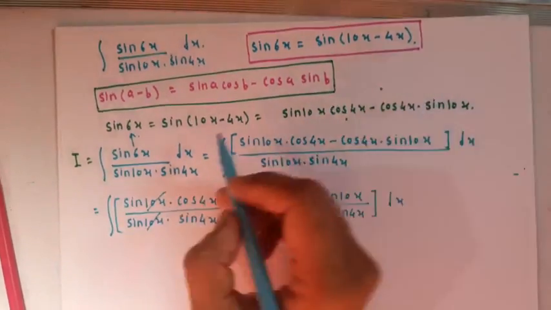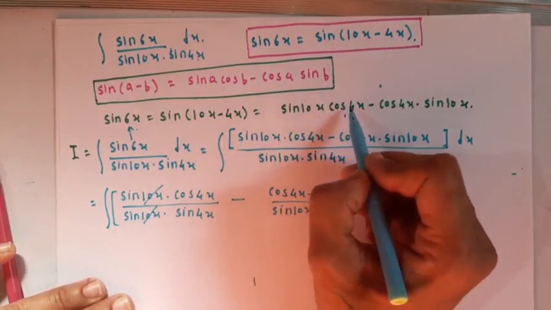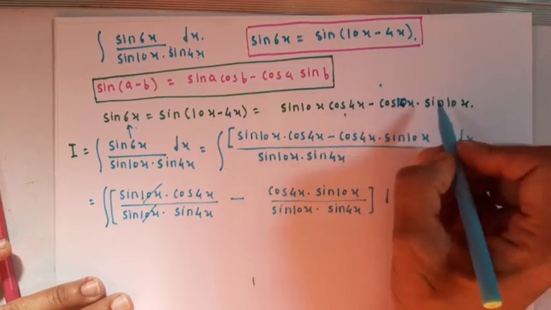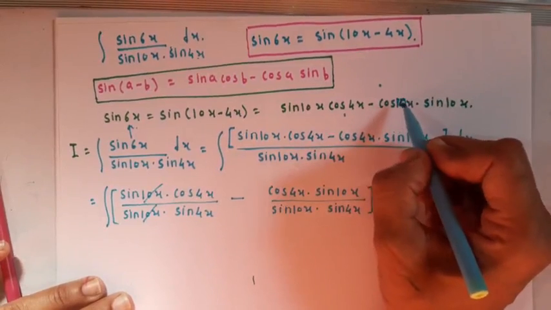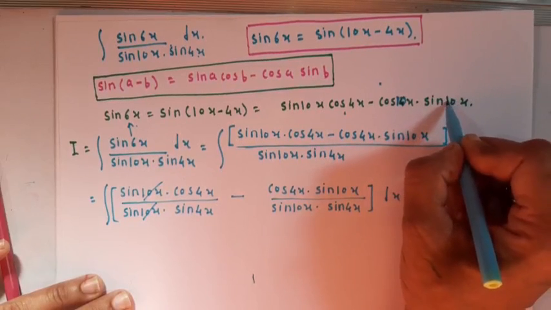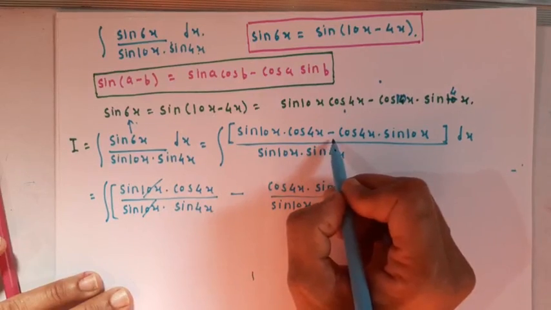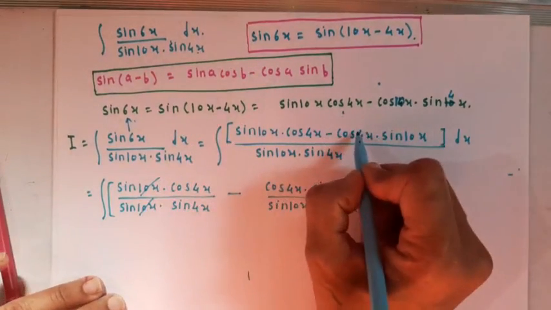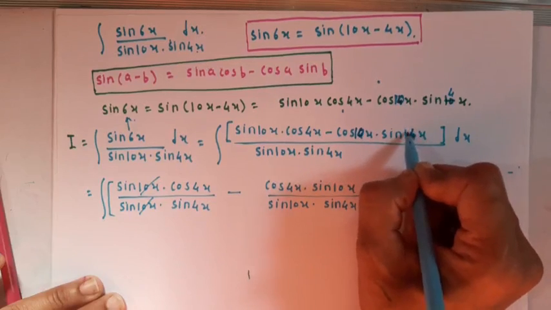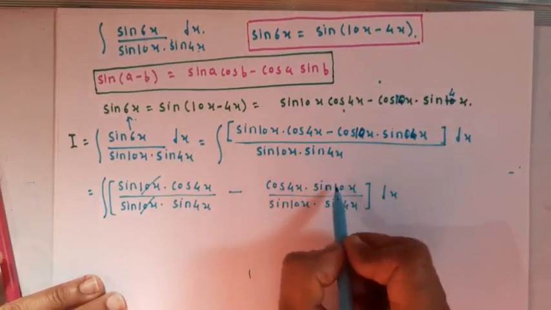Here sin of 10x minus 4x, that is sin a cos b minus cos a sin b. Sin 10x cos 4x minus cos 10x sin of 4x.